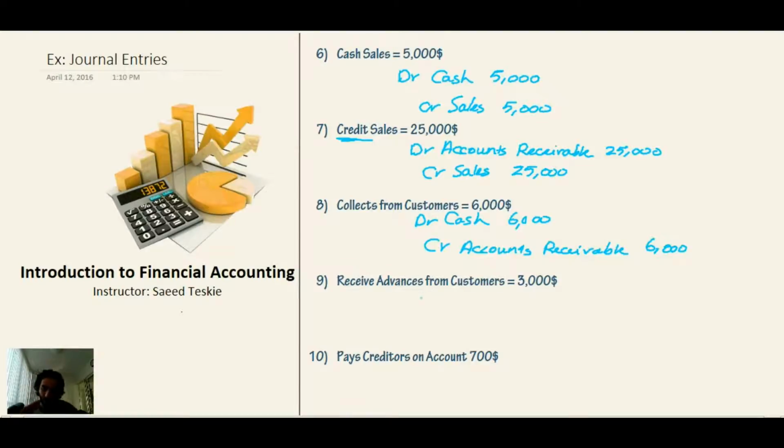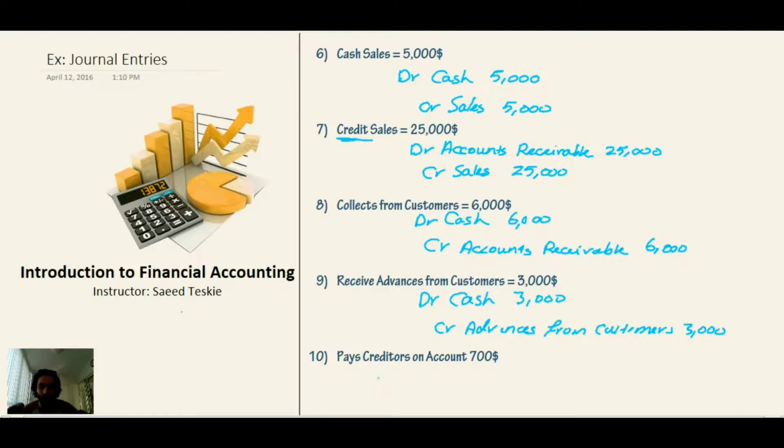So because the cash increased, we should debit cash for 3,000, and we credit advances from customers, which is a liability account, because these services are a liability on the company that have to be delivered later.